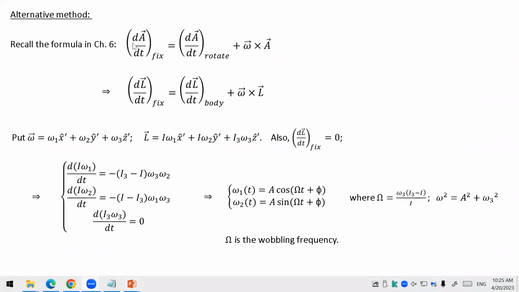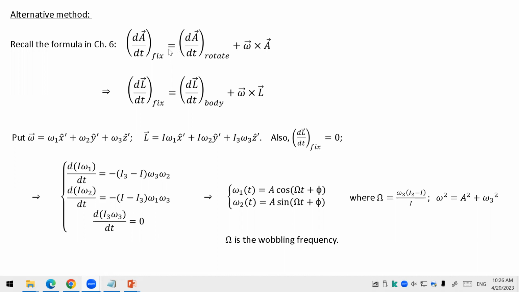Remember, we derived this relation between the derivatives in the fixed frame and the derivatives in the rotating frame.